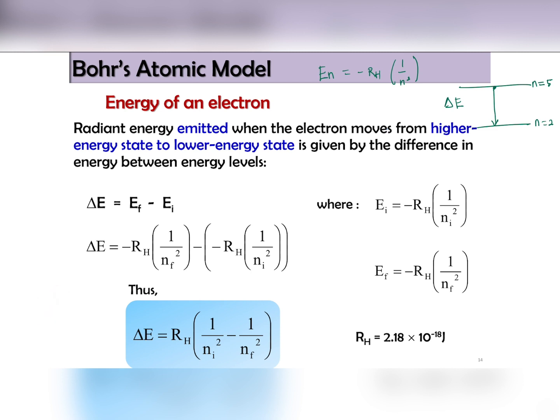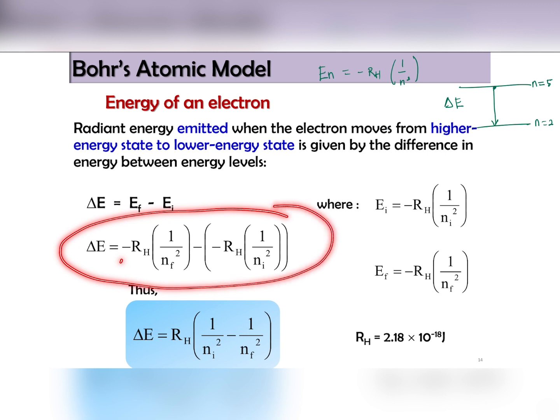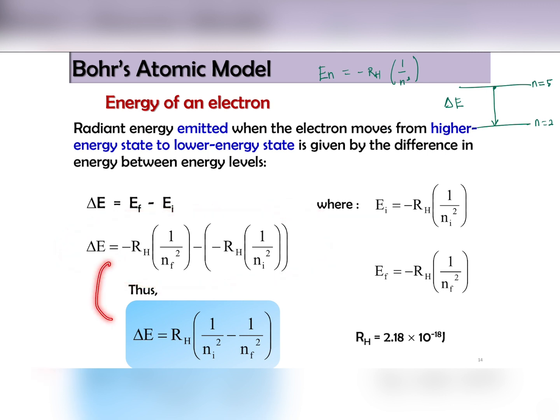Okay, kita boleh rearrange. Ini kan nampak complicated kan, so we can rearrange to this formula highlighted in this box. Okay, so for this formula, ini adalah yang kedua kamu kena hafal.